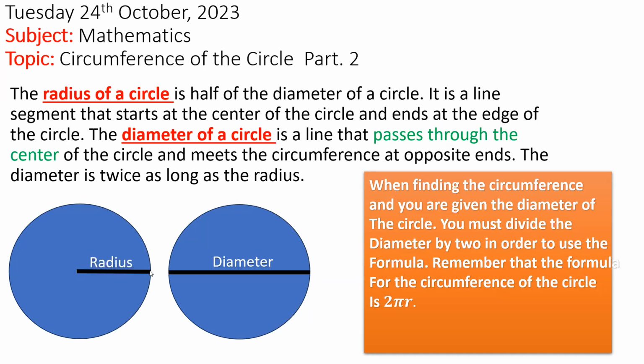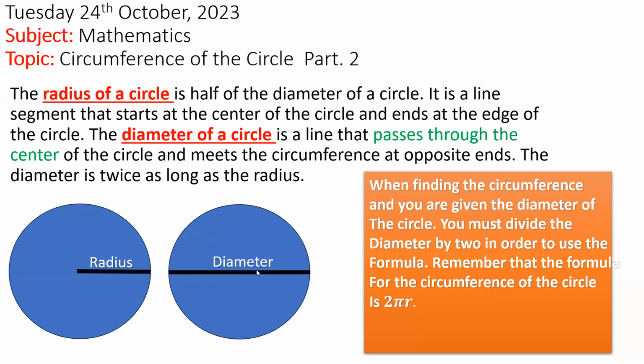The diameter, on the other hand, is a line that passes through the center of the circle and meets the circumference at opposite ends. The diameter is twice as long as the radius. So that's what we mean by the diameter.